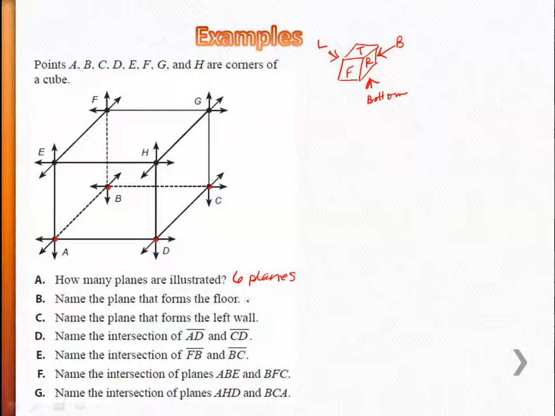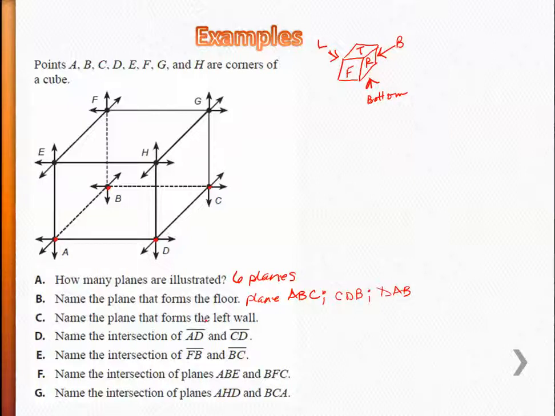Since I like things in alphabetical order, I'm going to call this plane ABC. You could also name it plane CDB, because they don't have to be in alphabetical order. I just like them that way. DAB, and so on. You get the idea. Any combination of 3 letters.